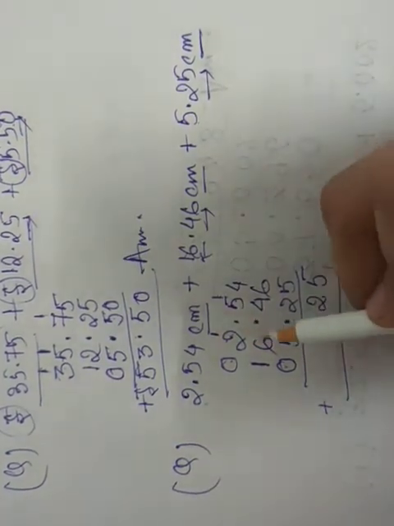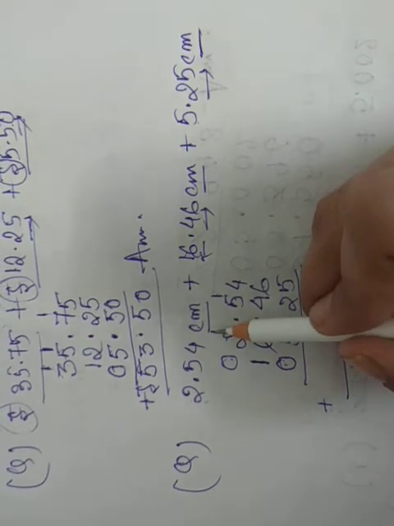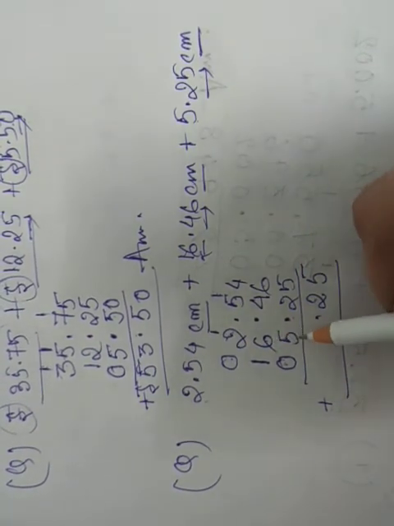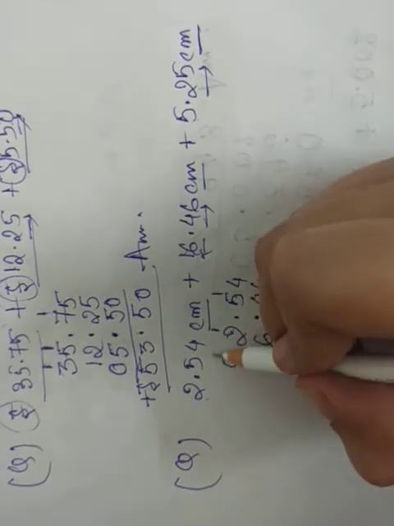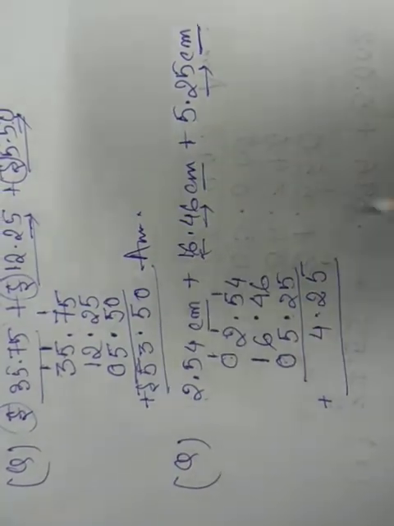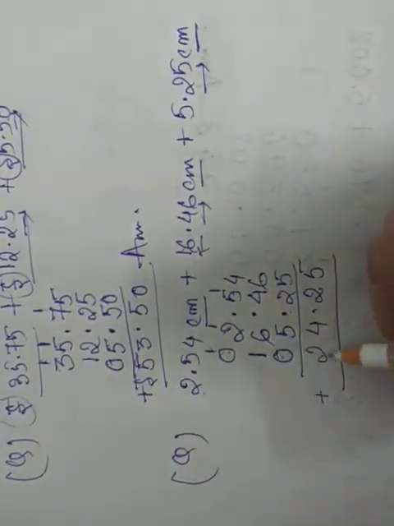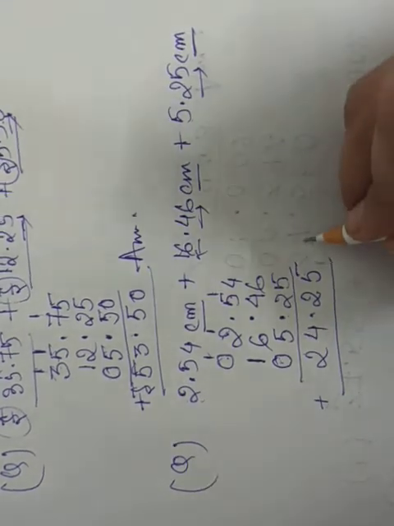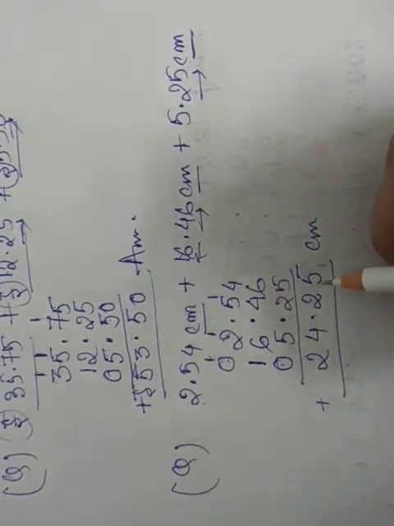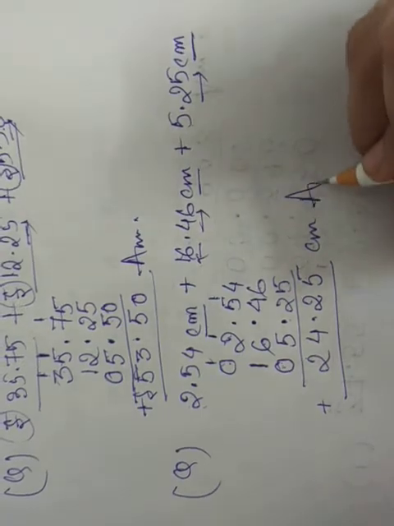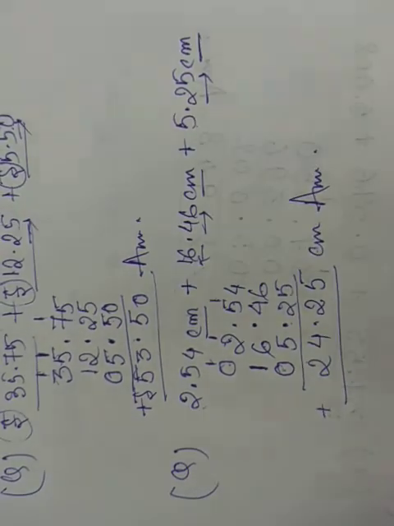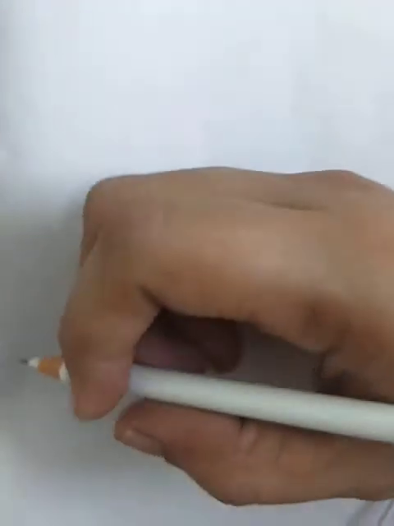And then we are going to add 2 plus 1 is 3. 3 plus 6 is 9. 9 plus 5 is 14. So 1 and 4. 1 plus 1, 2. So the answer is 24.25 centimeter. Okay, students? Now that your addition is clear, we will do with subtraction.